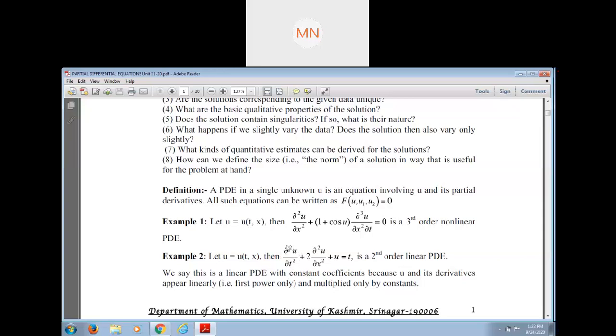If the degree is 1, we can say that this is a linear partial differential equation. In an ordinary differential equation also, the degree must be 1, then you can say that this is linear. In a partial differential equation also, the degree must be 1.